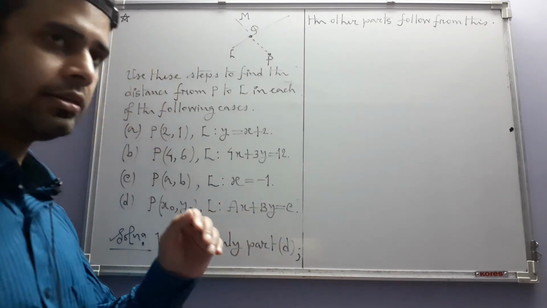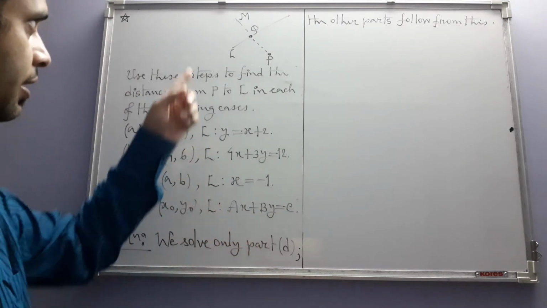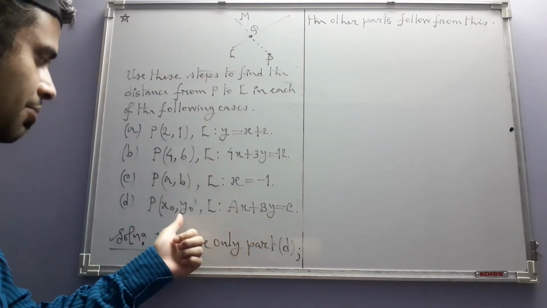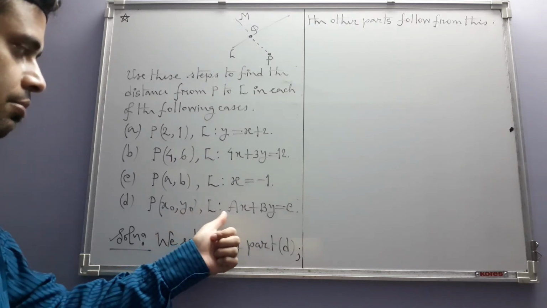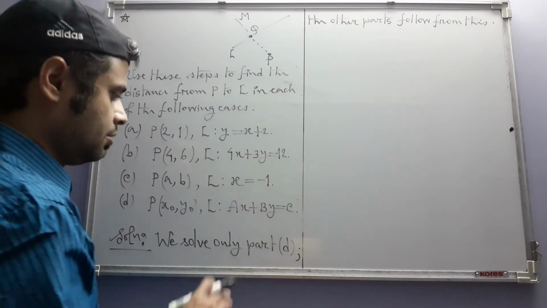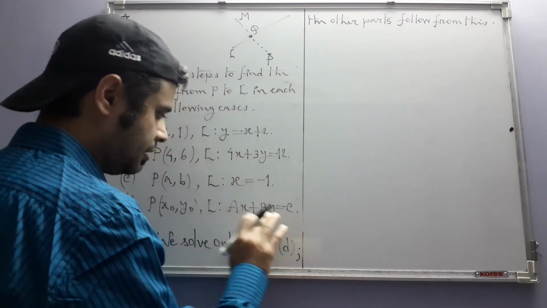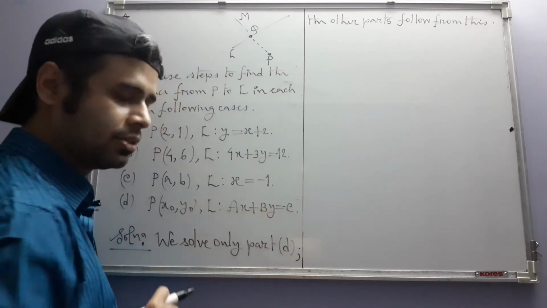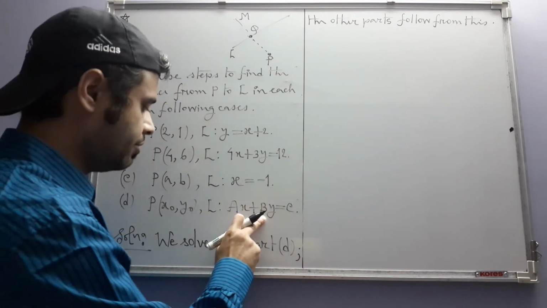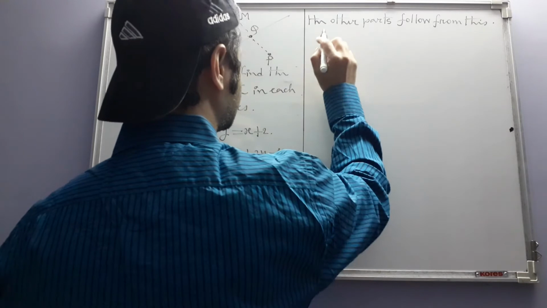So to find the equation of the line M that is perpendicular to this line and is passing through this, we need to know about its slope.